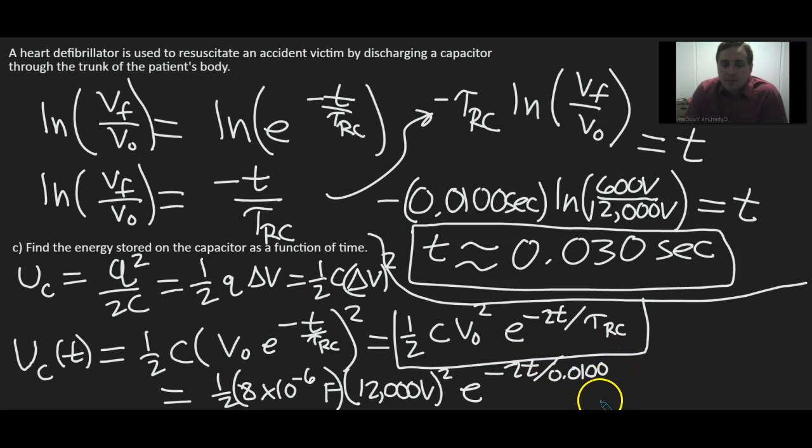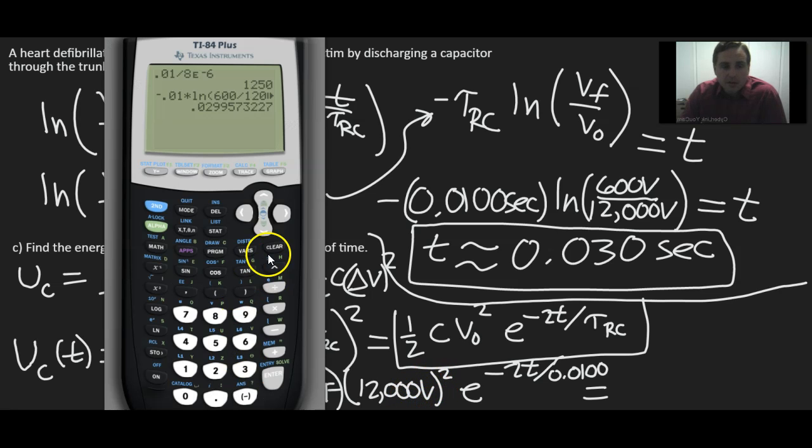Well, let's see if we can get this to be just a little bit nicer. So a half times this squared, let's do that in a calculator. Let's see, 0.5 times 8 times 10 to the minus 6 times 12,000 squared.